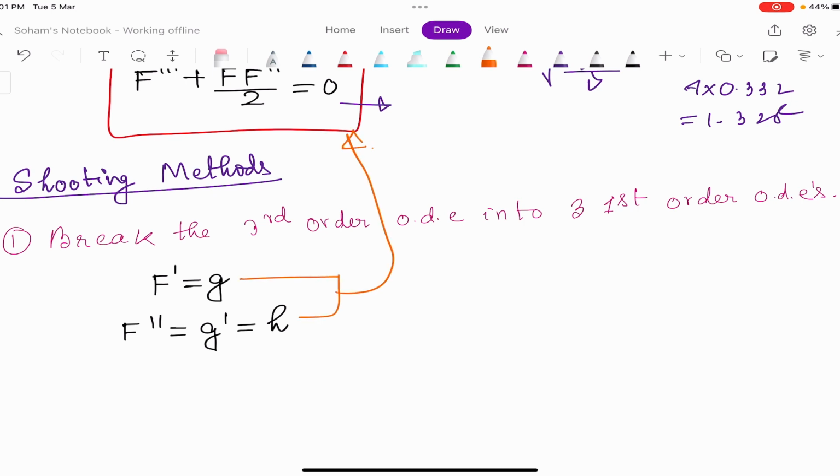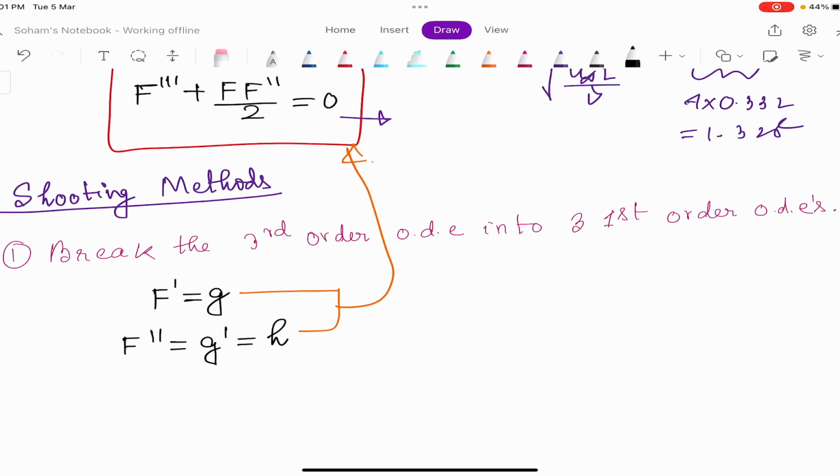Now put these two equations into this one. Then what will we get? Here it is f triple dash, that means h dash, because f triple dash equal to g double dash, and that is equal to h dash. So this will be h dash plus f into, and f double dash is g dash, that is h, so f h by 2 equal to 0.